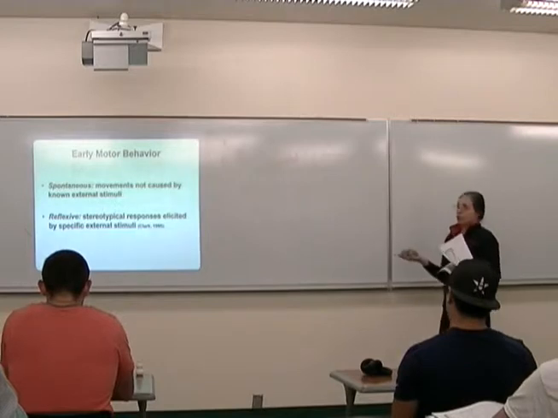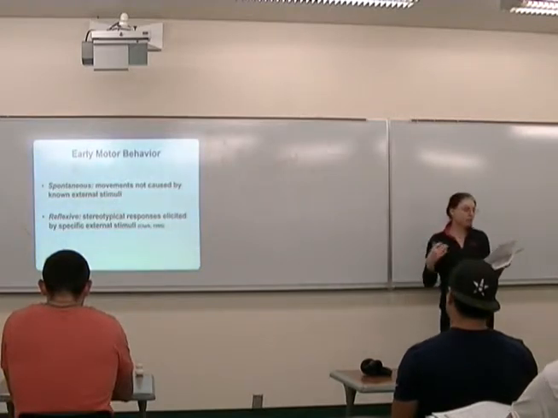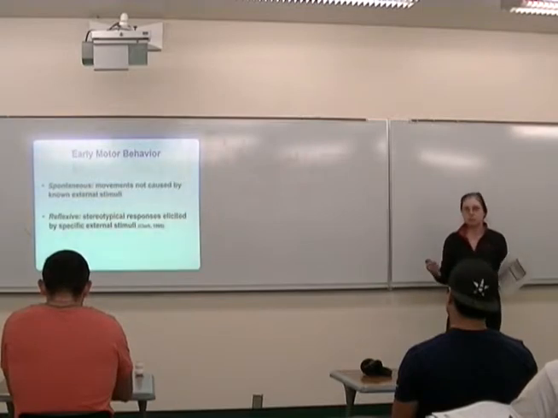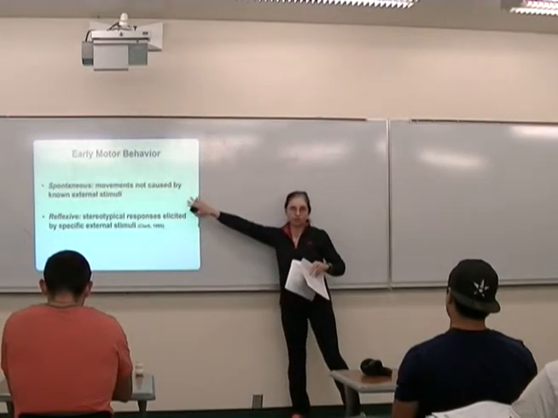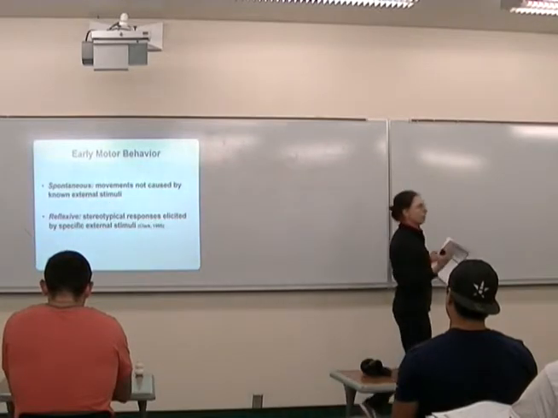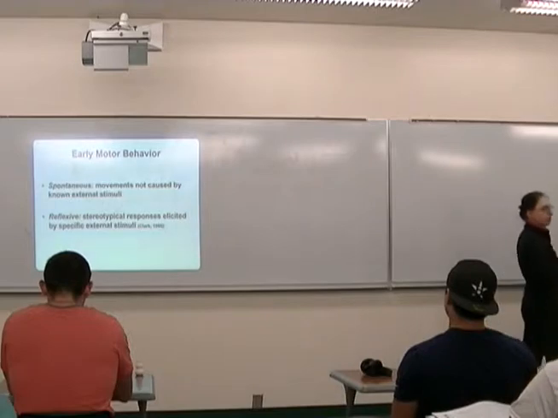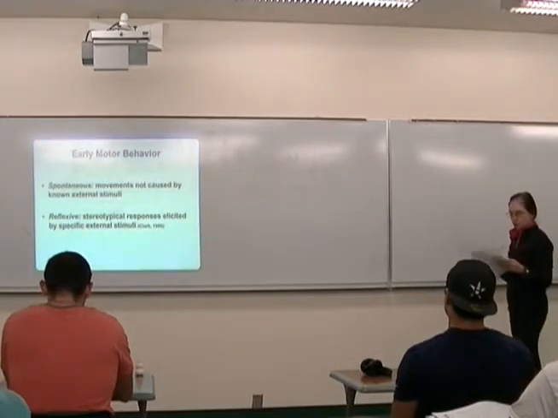Originally, we used to think that these involuntary movements really didn't serve very much of a purpose, particularly the first group, spontaneous movements. That they were just random firing of the central nervous system.